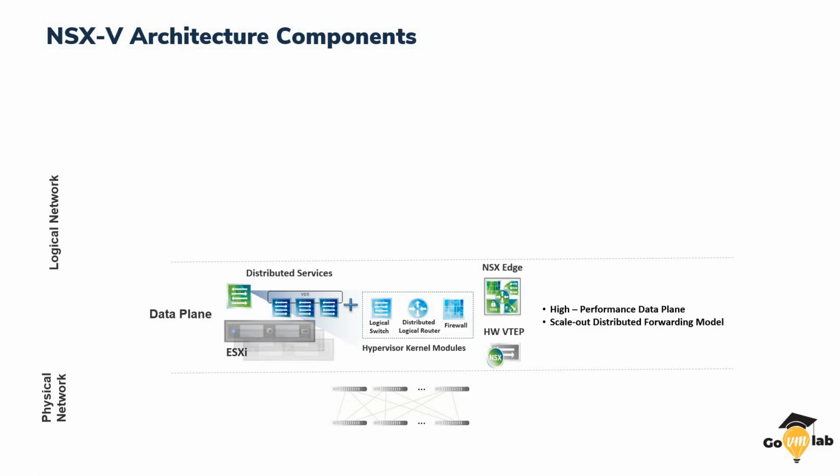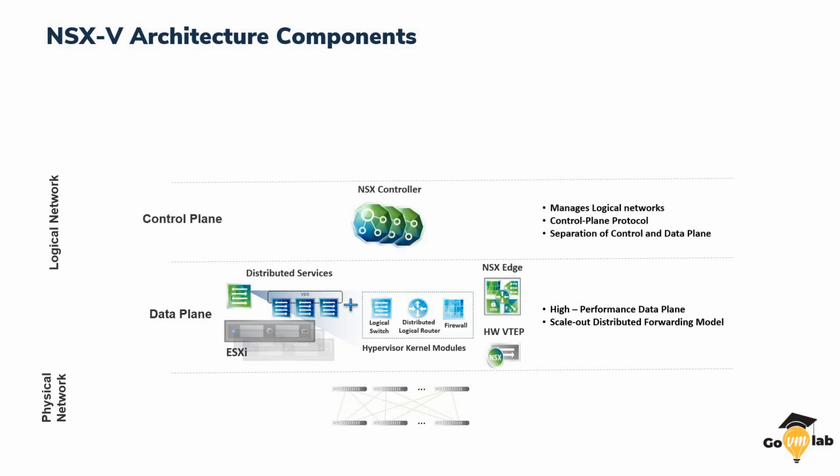All these components sit at the data plane layer of the NSX architecture, and NSX is considered a high performance data plane architecture as compared to traditional physical networking, because it gives you a scale out distributed forwarding model. Every ESXi host gives you switching, routing, and firewall capabilities, and that is the reason it is a high performance data plane with the scale out distributed model.